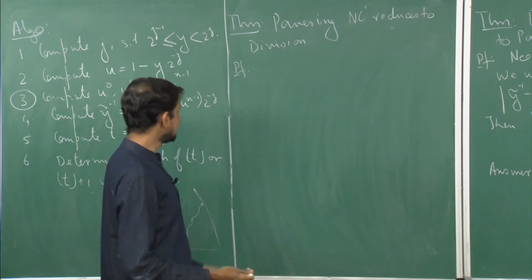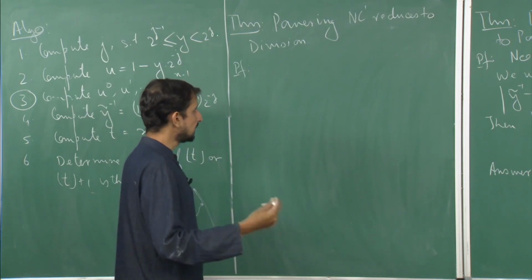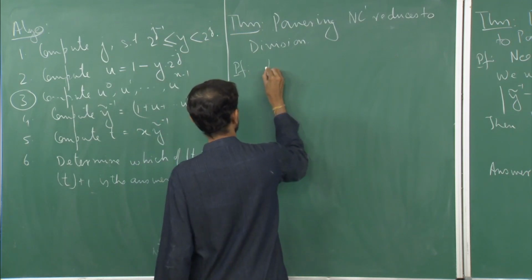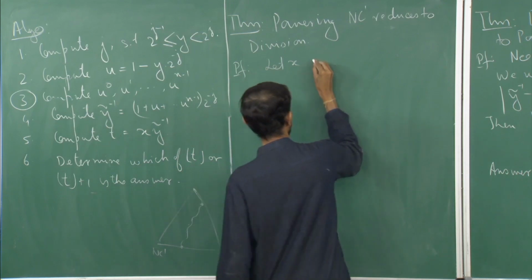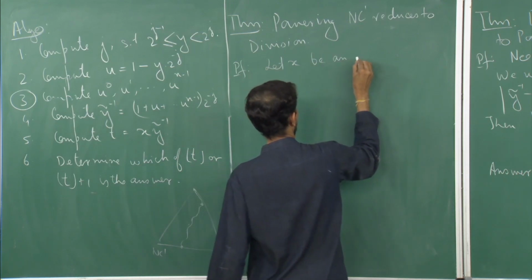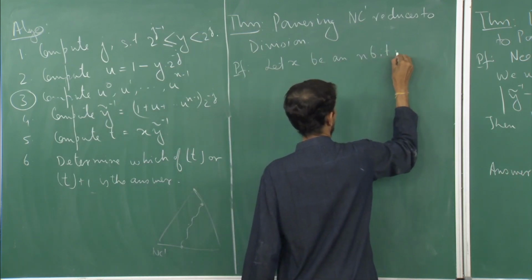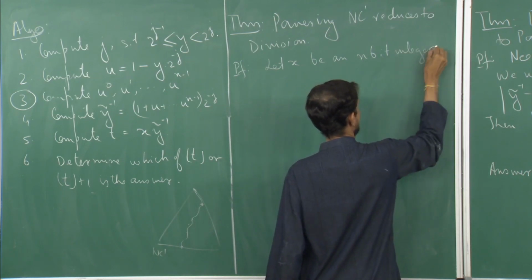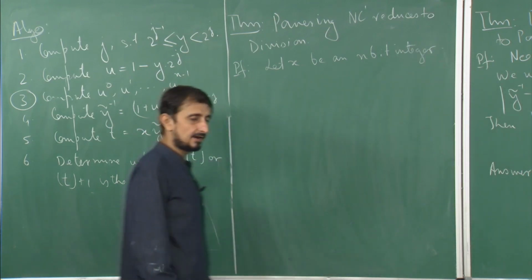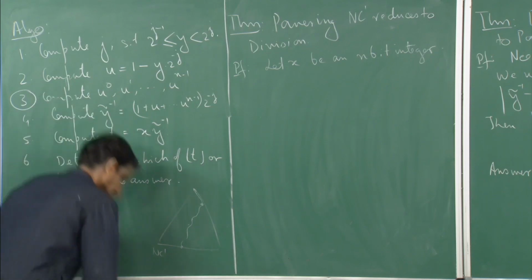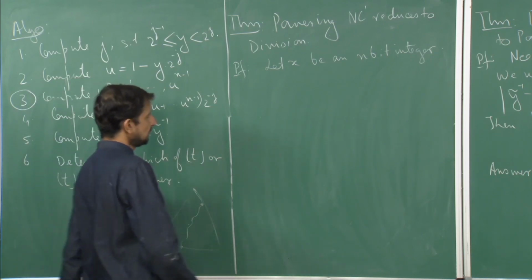What we want to compute is, given x, the powers of x. So let x be an n bit integer and we want to compute all the powers of x.